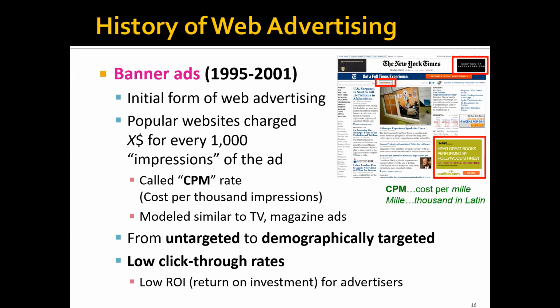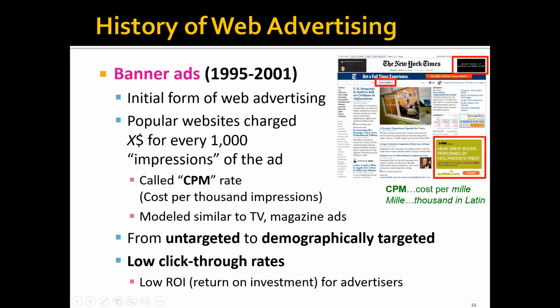In the early version of banner ads, the ads were untargeted. That means the same ads will be shown to all the different users. So this usually results in very low click-through rates.